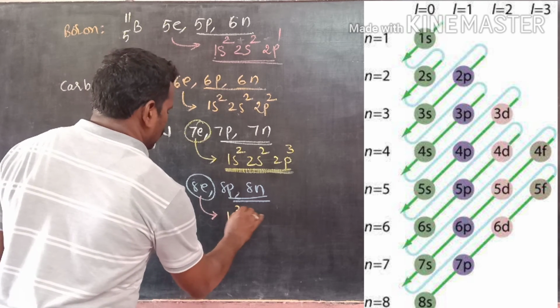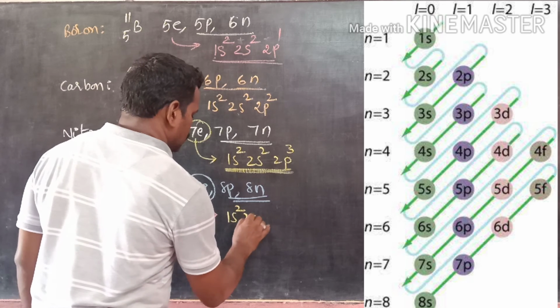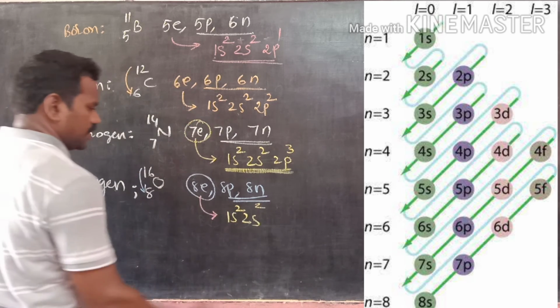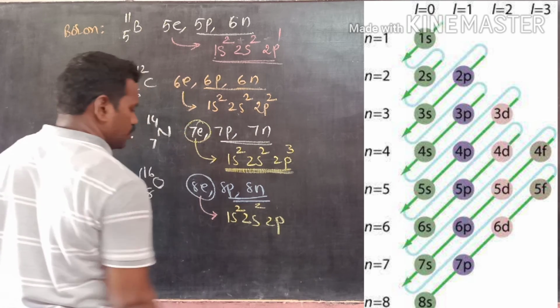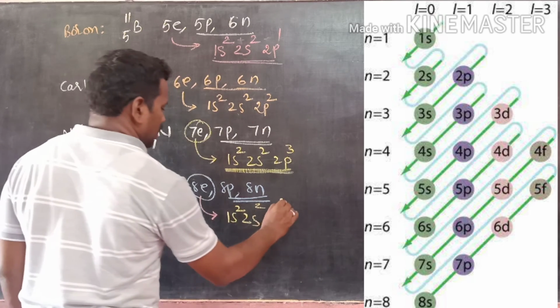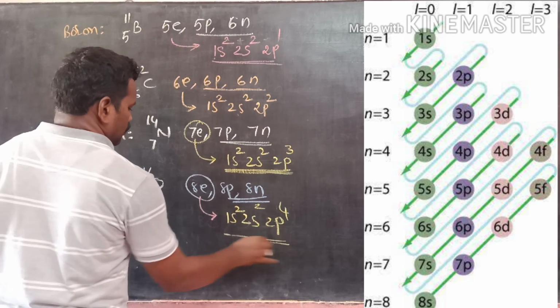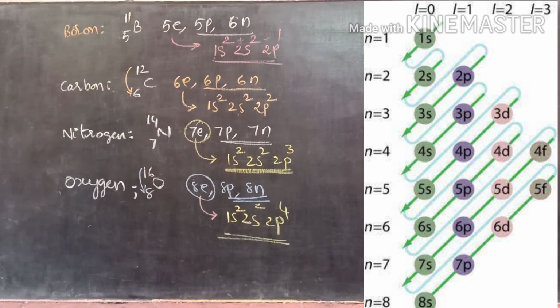As per the rule, 2 electrons are there in 1s. Next energy level is 2s, 2 electrons are occupied. Next energy level is 2p. P has a maximum of 6 electrons, but only 4 electrons are available. Now the electronic configuration becomes 1s2, 2s2, 2p4.